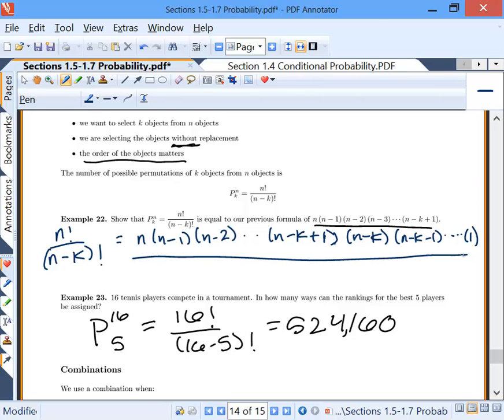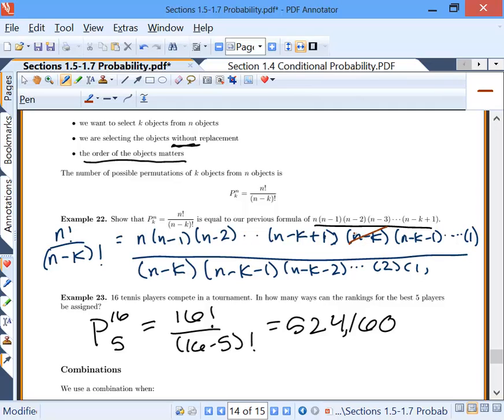Now if I want to do n minus k factorial, I start with n minus k, and then times it by the next thing that is just 1 lower. So what is 1 lower than n minus k? n minus k minus 1, then n minus k minus 2, dot, dot, dot, down to 2, to 1. Now what do you notice about this? They're going to start canceling.